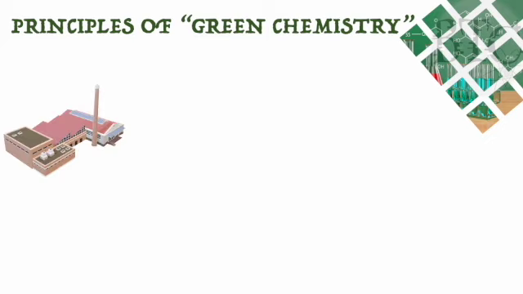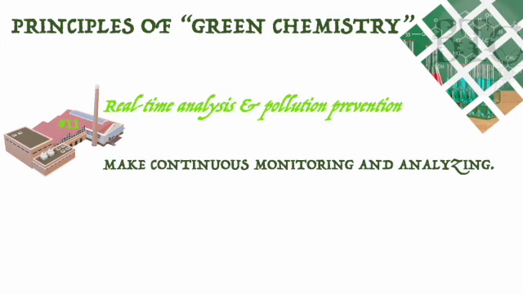The 11th principle of green chemistry is real-time analysis and pollution prevention. Now, this principle actually involves continuous monitoring and analyzing data related to the environmental factors and pollutant levels. By doing this in real time, it's possible to detect and respond to pollution issues immediately, preventing environmental harm before it occurs.